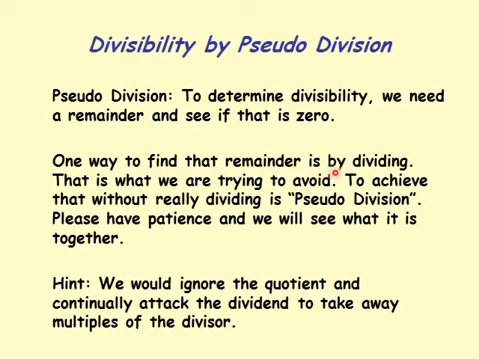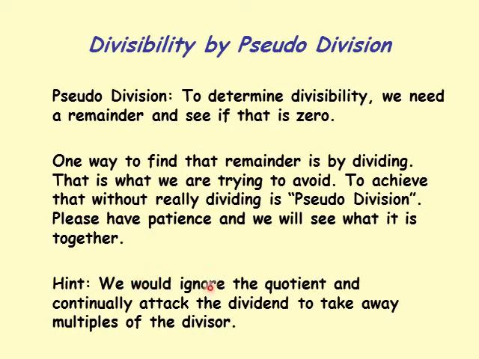One way to find the remainder is by dividing, and that is what we are trying to avoid. We really don't want to divide. To achieve that without really dividing is pseudo division. Please have patience, and together we'll see what it is.